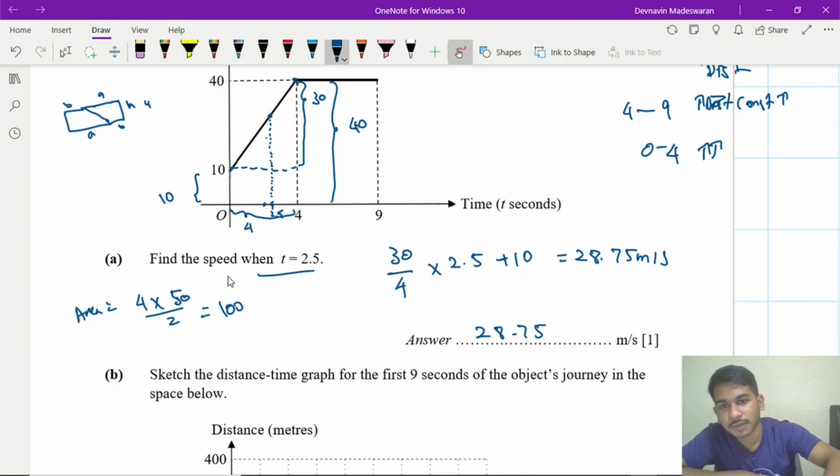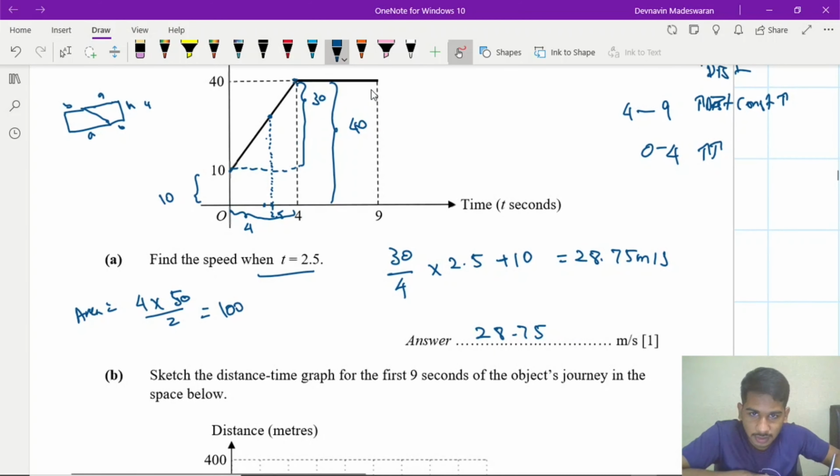So it's going to start with 100, and then what is it going to end with here? Here it's going to be 40. So let's add this area, this rectangle. It's going to be 40 times 9 minus 4, which is 5. 40 times 5, which is 80, right?